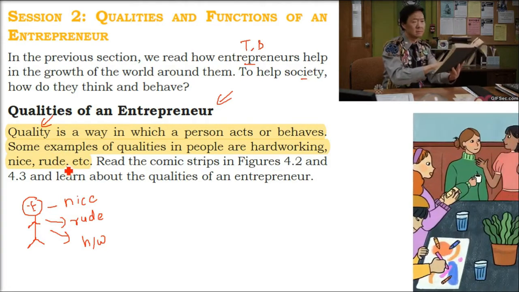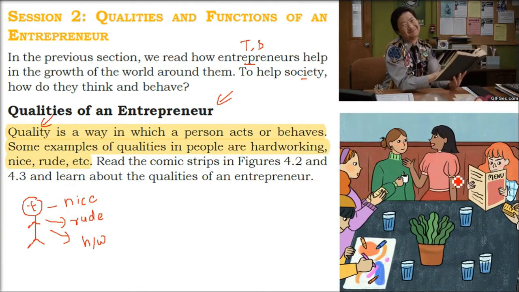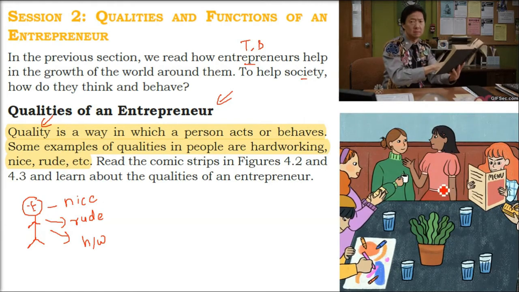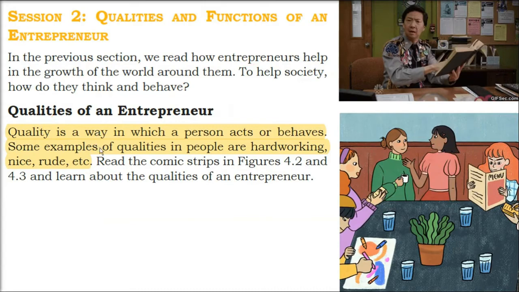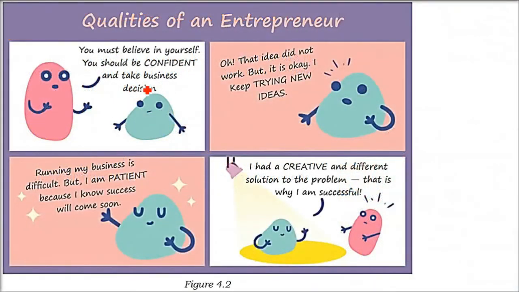But when we talk about the same qualities in an entrepreneur, there are different kinds of entrepreneurs. They are individuals also, but they have specific attributes which are different from others. So what is expected out of an entrepreneur? Any successful entrepreneur, what will be the qualities in him?